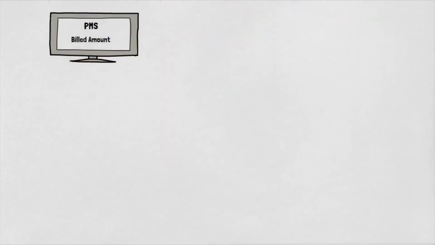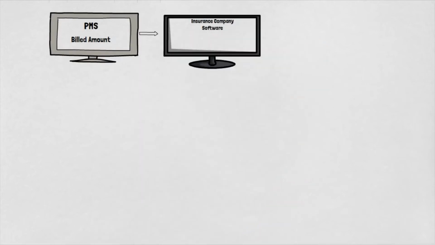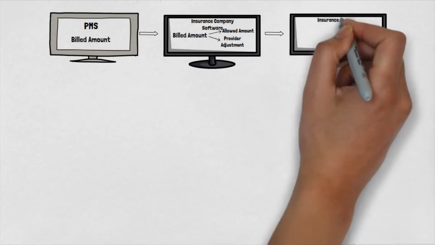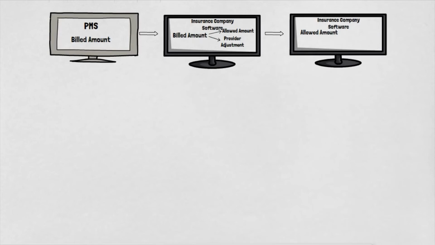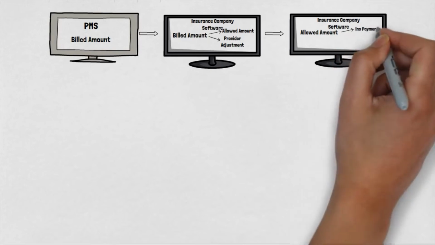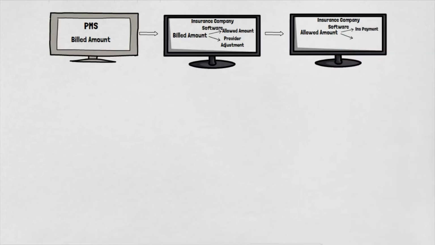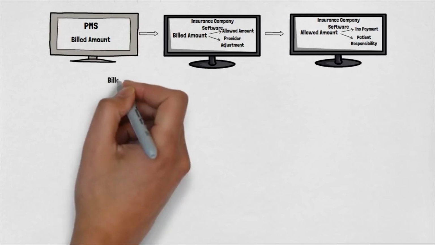Now, in order to understand it in a better way, once the claim reaches the insurance company, the software splits the billed amount into allowed amount and provider adjustment. Now, again, the allowed amount is split into insurance payment and patient responsibility.